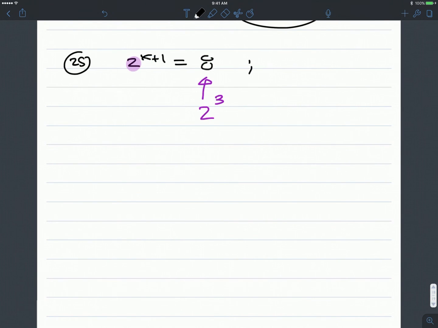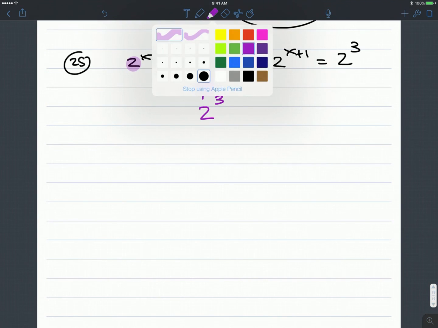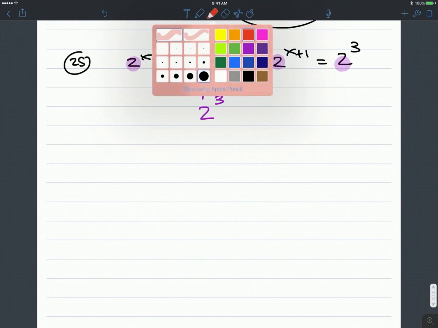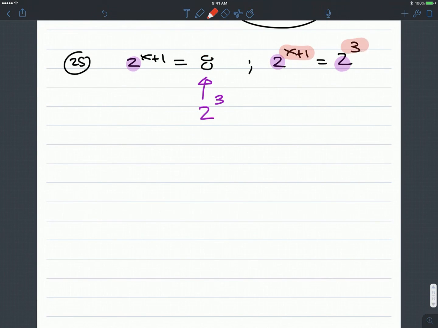It means 2 to the x plus first power is 2 to the third power. What does that mean about my powers? Since the bases are the same, 2, my powers have to be equal. Thank you.